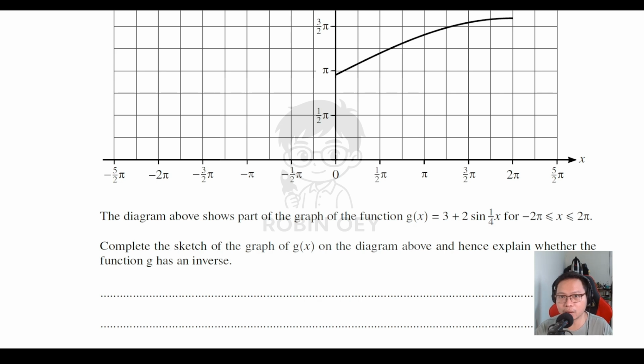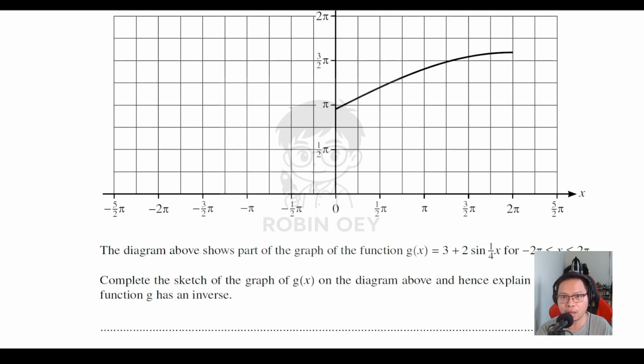Let's check for the maximum. This is around 3 over 2 pi. So around negative 2 pi, around here. So we just have to continue.